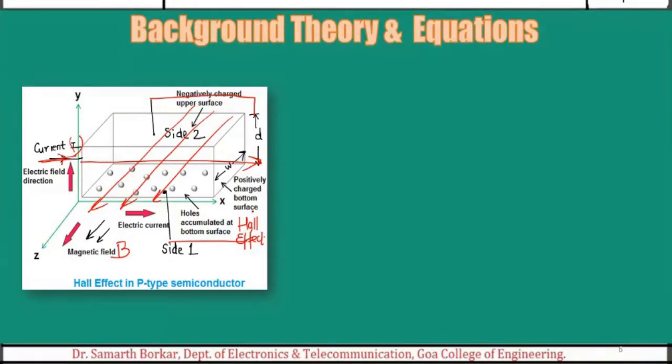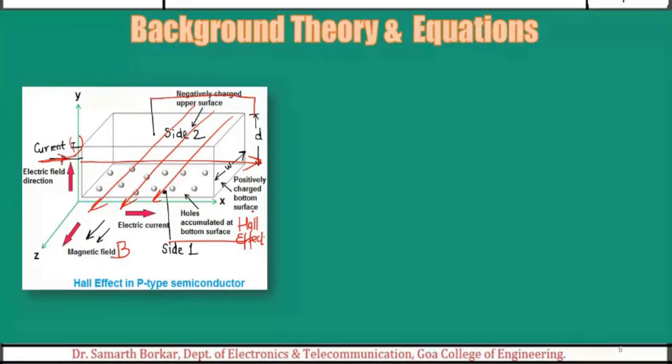And looking at the direction, the current is flowing from left to right in the x direction, and the magnetic field is in the z direction. So it will generate an electric potential in the y direction. Fine. And depending upon the semiconductor, p type or n type, we are going to develop a voltage.